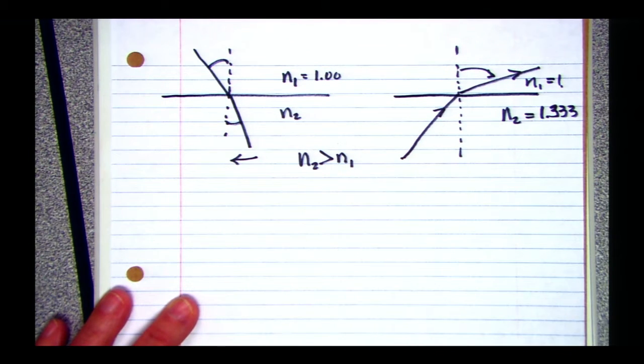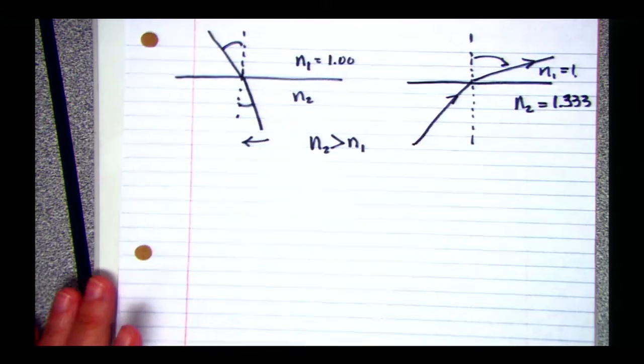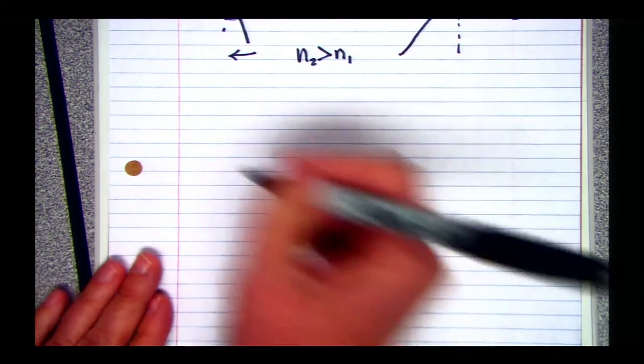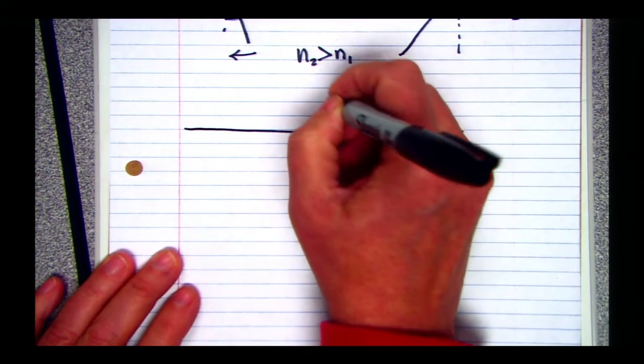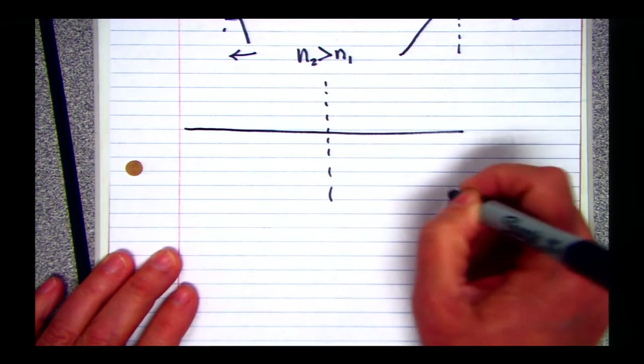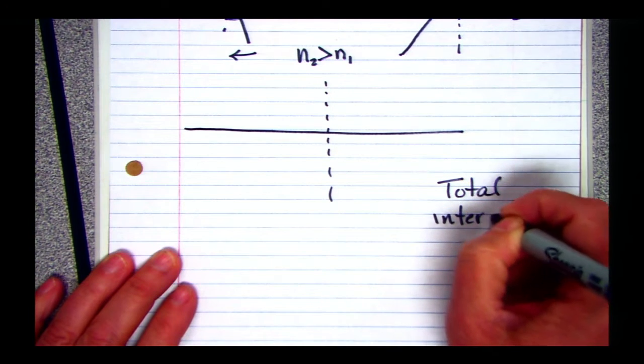So let's do a problem real quick on that one, because one of the things that I didn't cover, and it's in that chapter, is something called total internal reflection. And this is what gives us fiber optics.